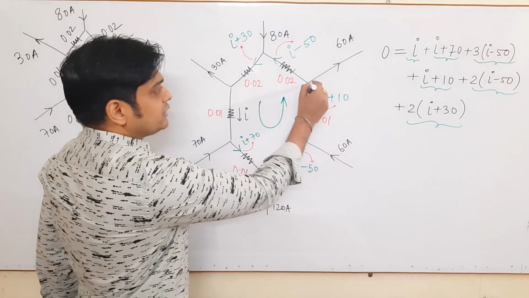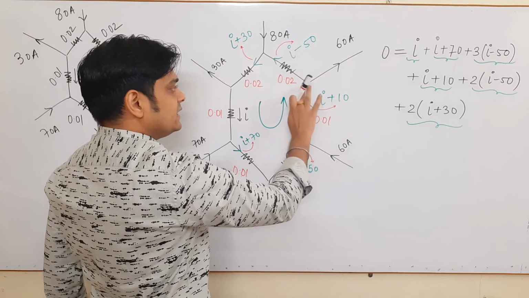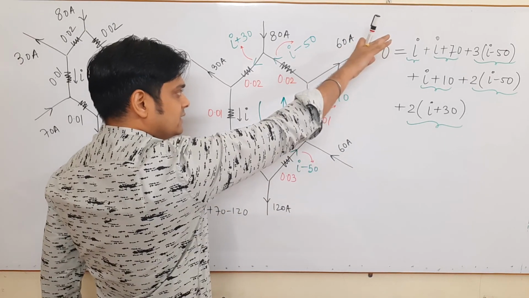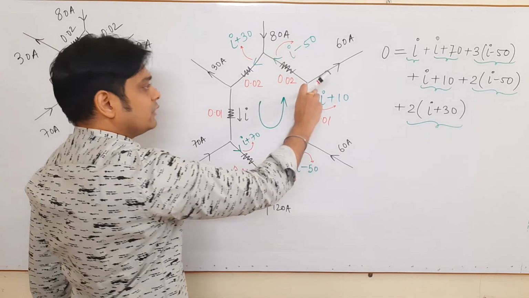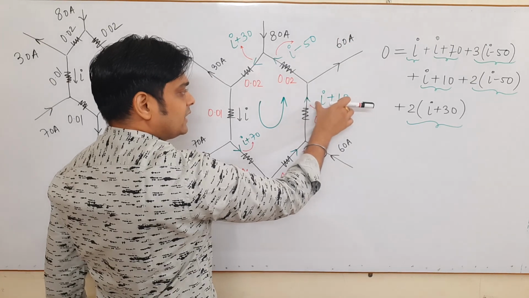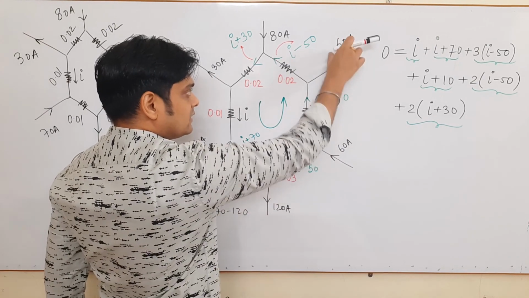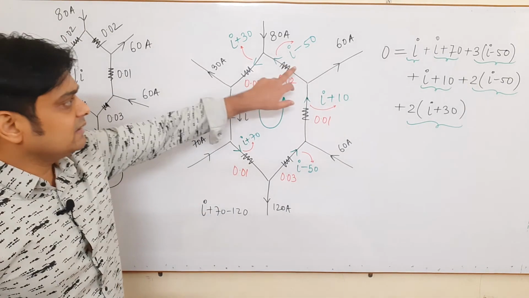Now when you come to this node, this 60 ampere current is going out from this node. It means this current is coming, some current is going in this direction, so definitely some of the current will enter into this branch. So what is that current? This current minus this current. So when you subtract I plus 10 minus 60, that comes to be I minus 50. Yes, very simple calculation.